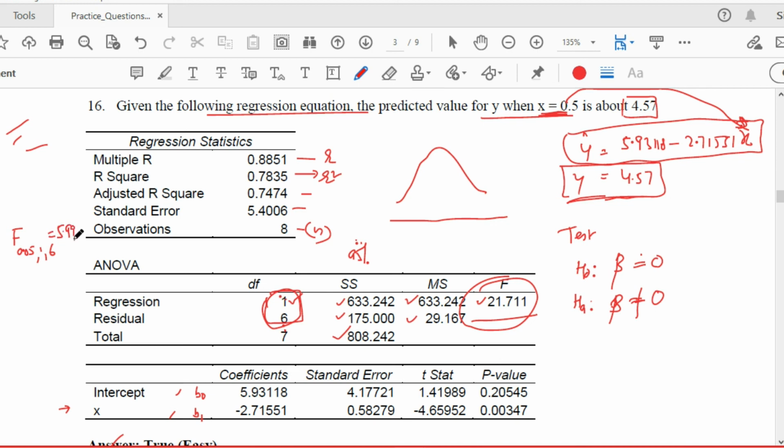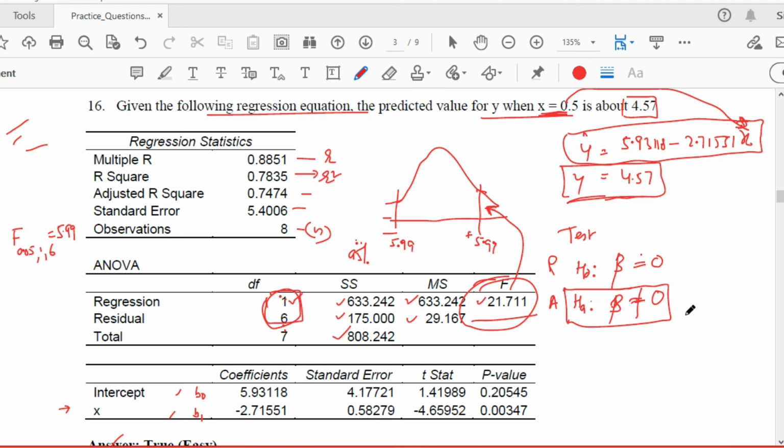We'll write it here, two-tailed test, minus plus 5.99 and 5.99. Now your value is 27, so where does it come? In the rejection area. So we reject the null hypothesis and accept the alternative, that beta is not equal to 0.